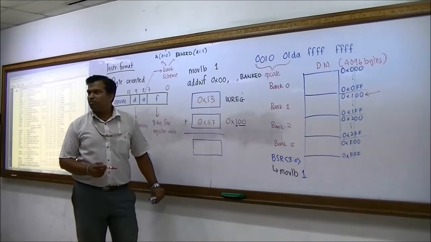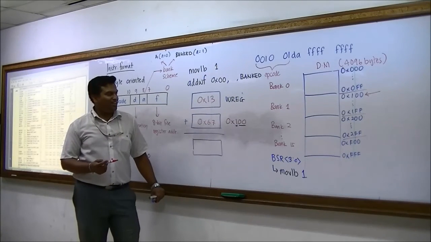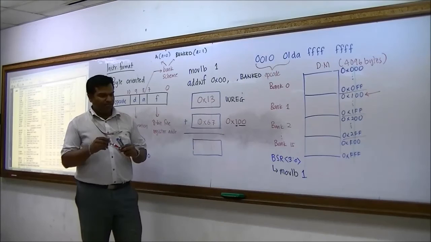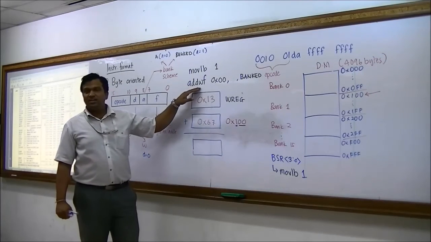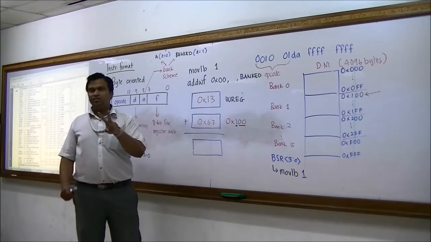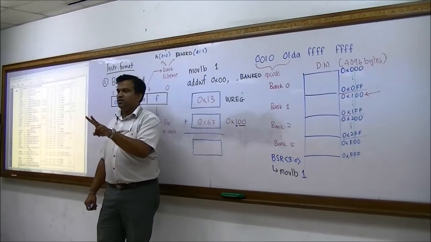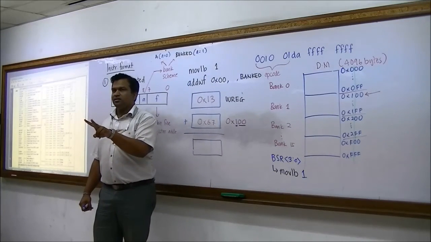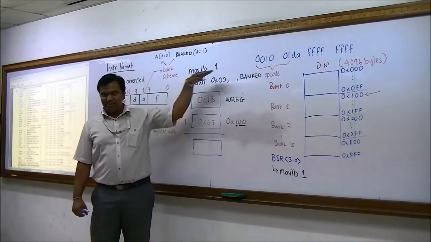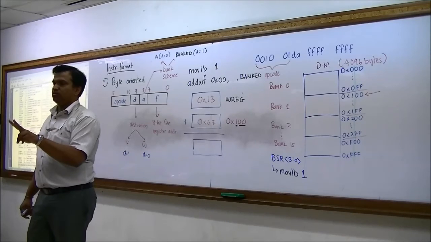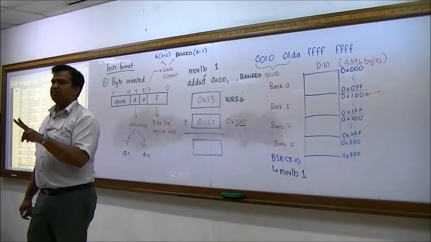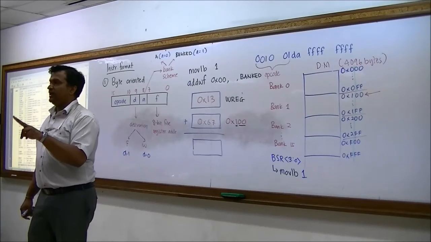Why is it taking so long for you? Hex 7A, right? Now remember that this instruction at this moment is only dealing with two file registers. What are those two? The working register and the file register at address hex 100.